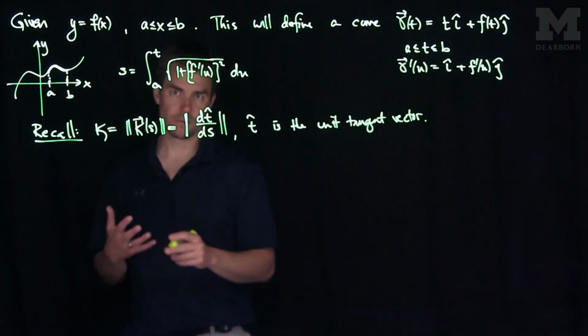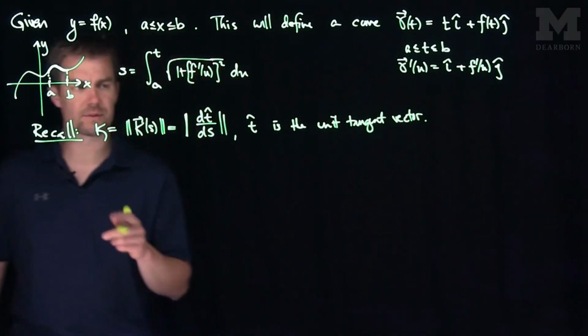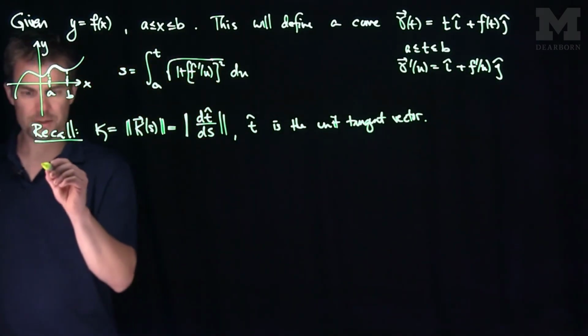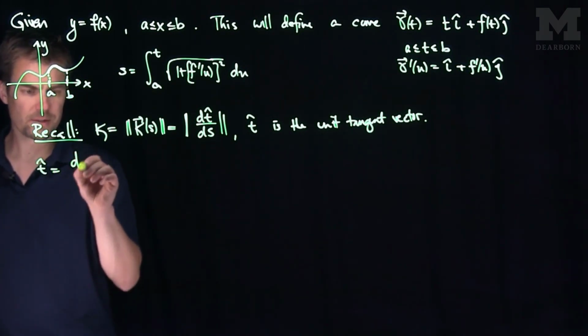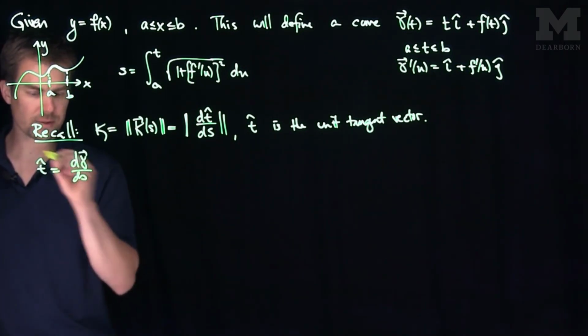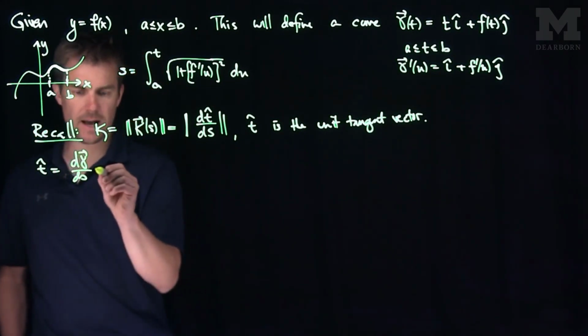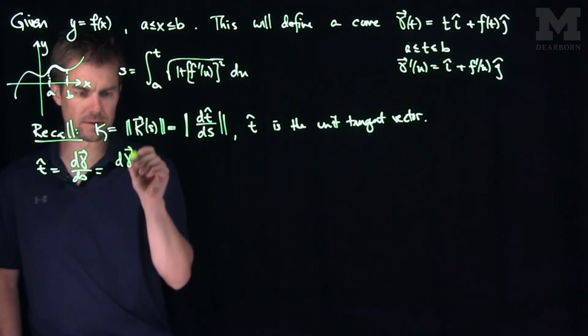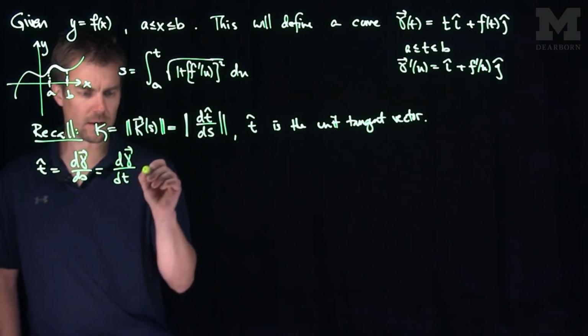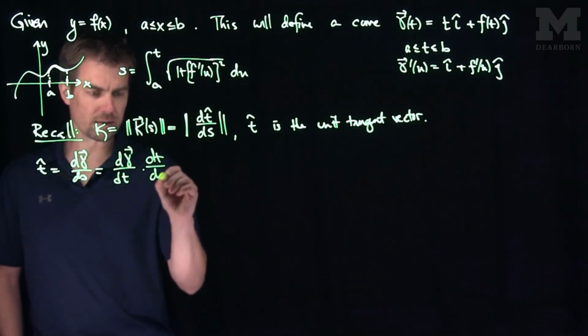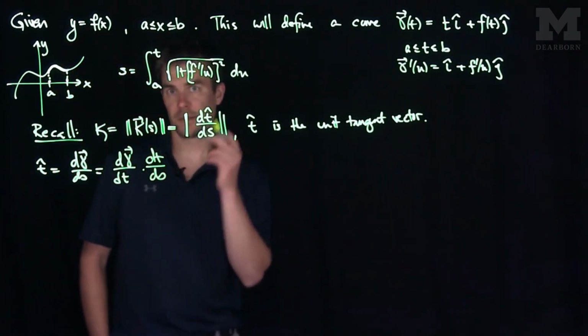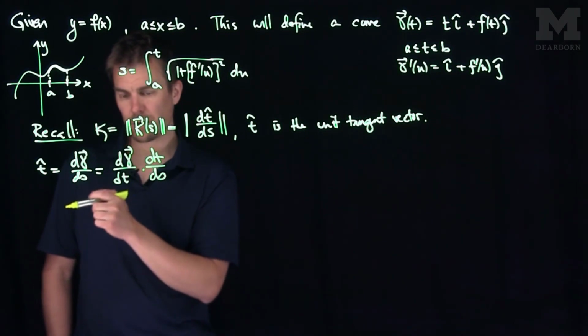That's the formula for curvature. Now, what we have is this. We can note that T, of course, is d gamma/ds, but d gamma/ds is really d gamma/dt times dt/ds. That is the chain rule.